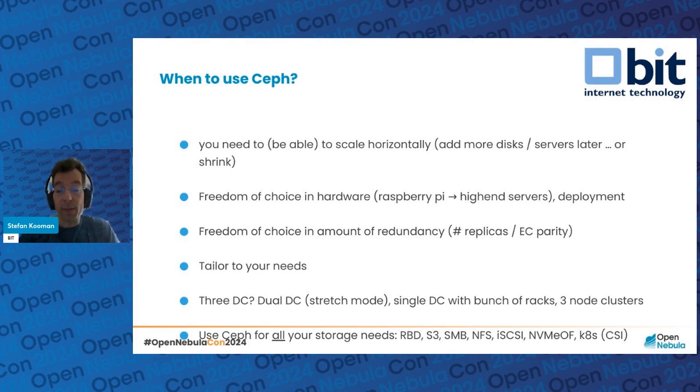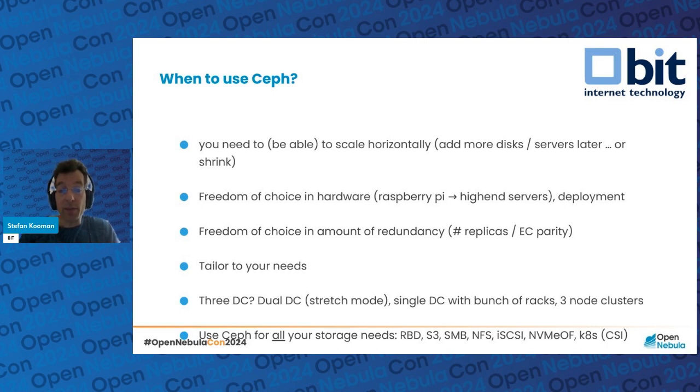You can have freedom of choice in the amount of redundancy you want in your storage network. So you can choose the number of replicas, 3 or 5, use erasure coding, or both if it makes sense. So basically you can fit Ceph to your needs. You tell Ceph how your infrastructure looks like and define a placement policy that reflects that.